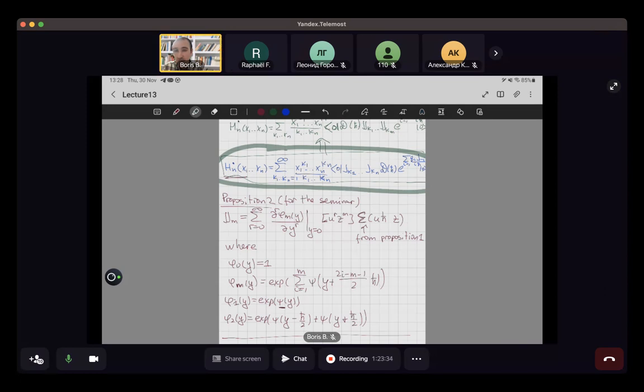Now you have some other algebras like B infinity and all these smaller or bigger algebras. Do we also have some good expression like this? In fact, I don't know.